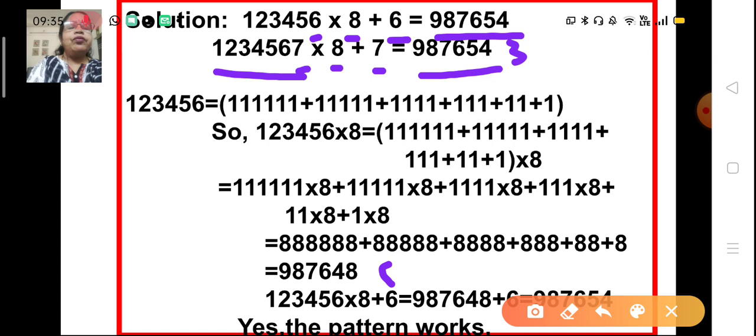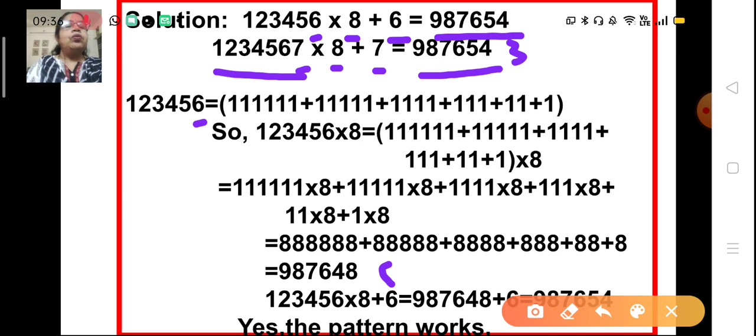1,23,456, when written in expanded form, when we take from the ones place, that means from 6, we can write it as 111111, isn't it? That means 1,11,111. 5 can be written as 11111. 5 ones become 5, isn't it? So it is 11,111.